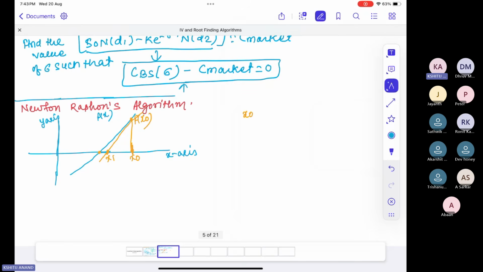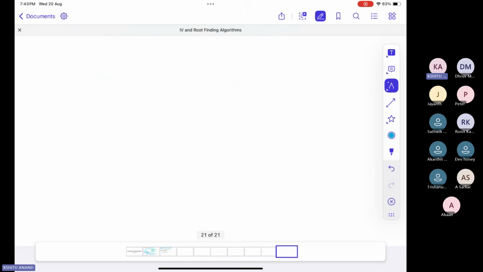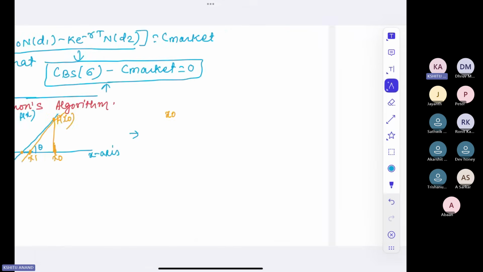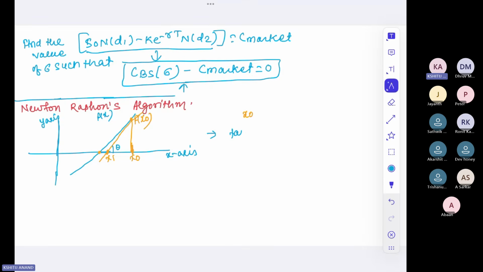Now if you see this particular triangle that has been formed, with this particular theta, what will be the value of tan theta? Tan theta is the slope of this particular equation. And as you know, the slope will be f dash of x naught, because this is the tangent to this line at this point.